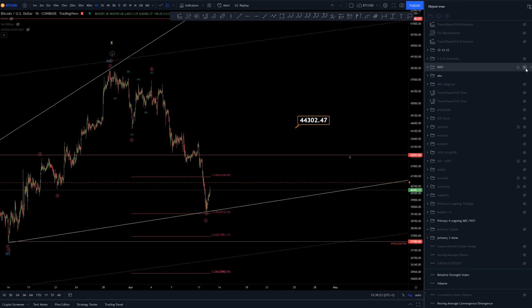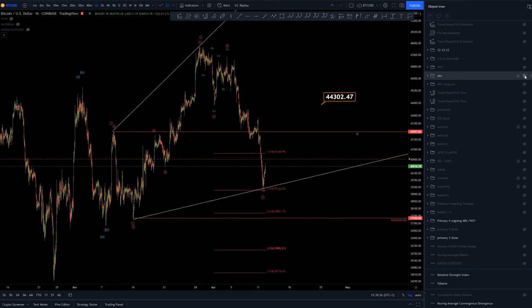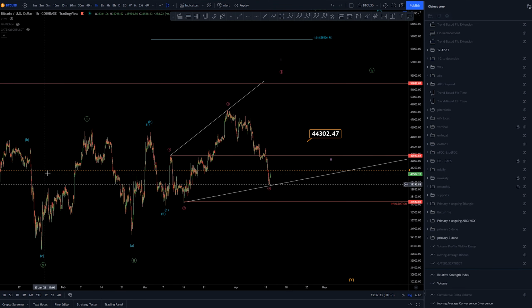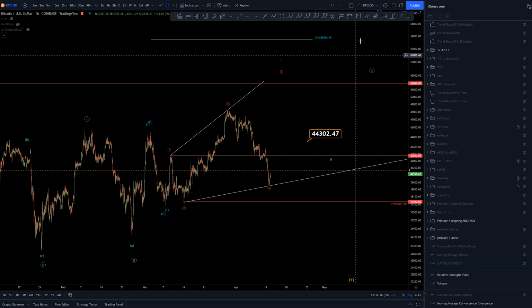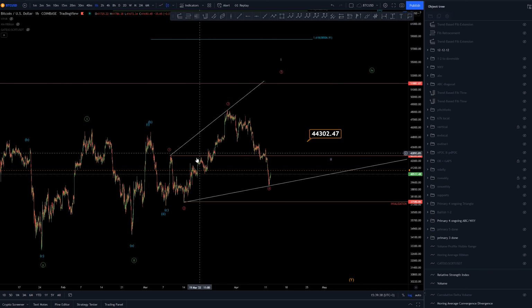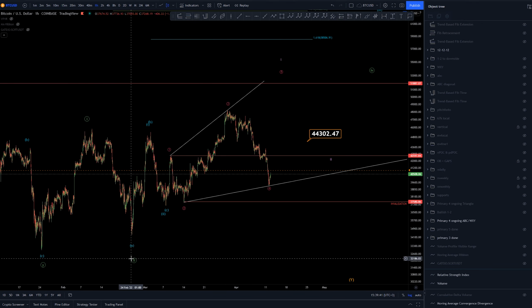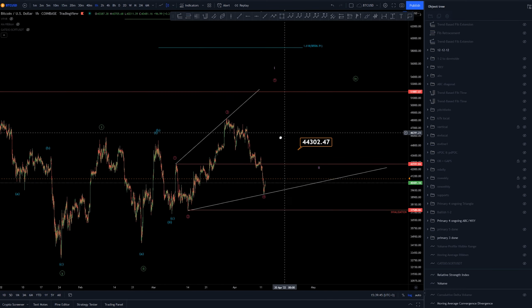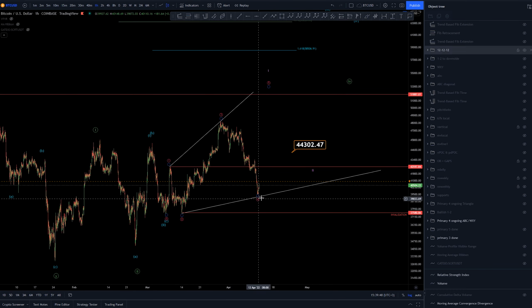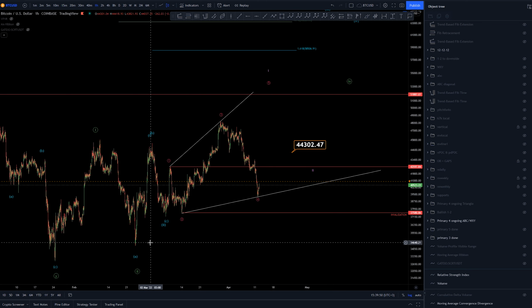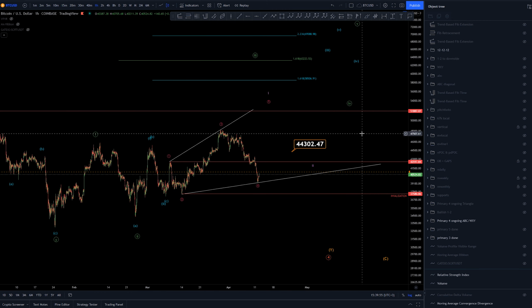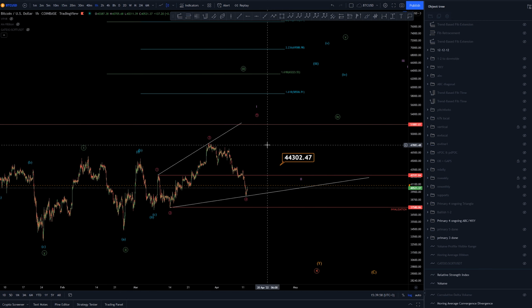Now let's dig into other counts. Not this one. Yeah. So this is still in play. Whether it's 1, 2, 3, 4, 5, or it is some kind of ABC from here. It doesn't really look good, but this support here still is in play, and if this is the right count, this would be super bullish.